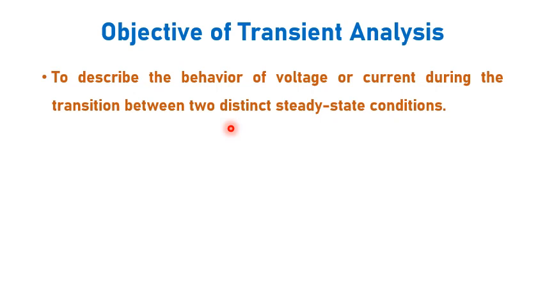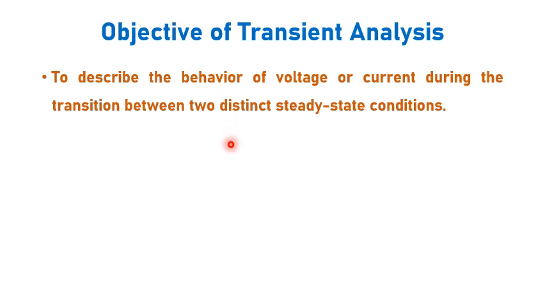So whenever your circuit contains energy storage elements like inductor and capacitor, the change of current and voltage will not happen instantaneously. Instead, there will be a slow variation of current and voltage before those values settle into a steady state.